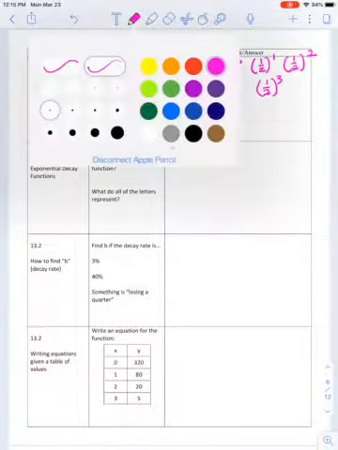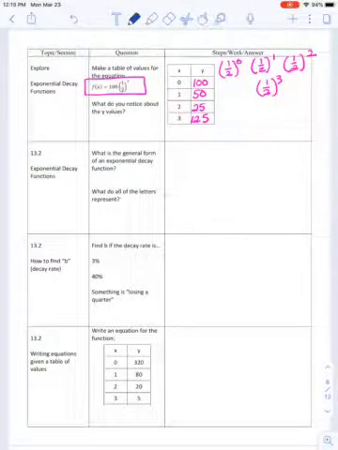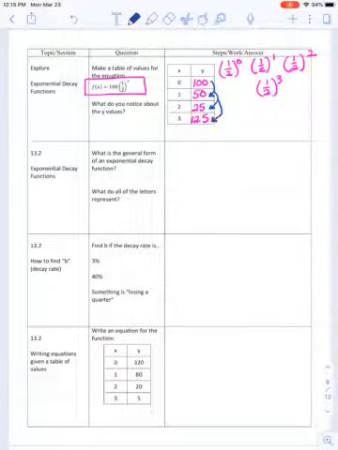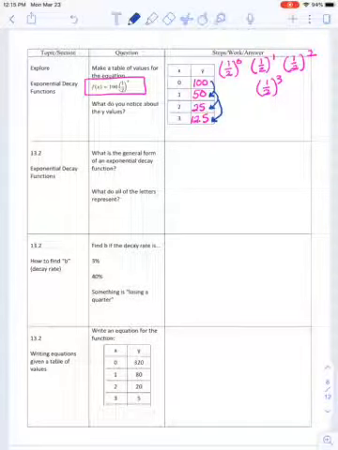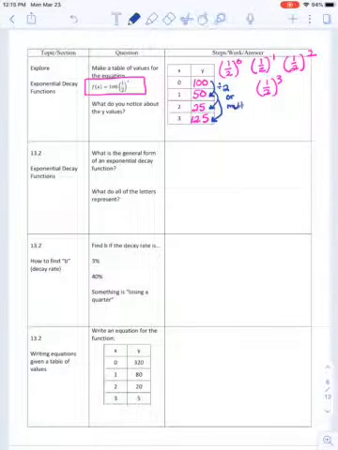And so if you then look for the pattern of what's going on in the chart, you're going from 100 to 50, 50 to 25, 25 to 12.5. What's happening? You're dividing by 2, or multiplying by 1/2 each time.